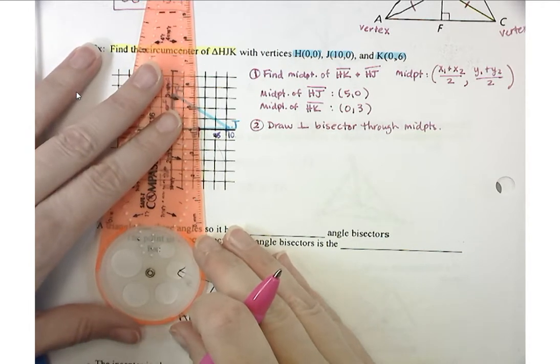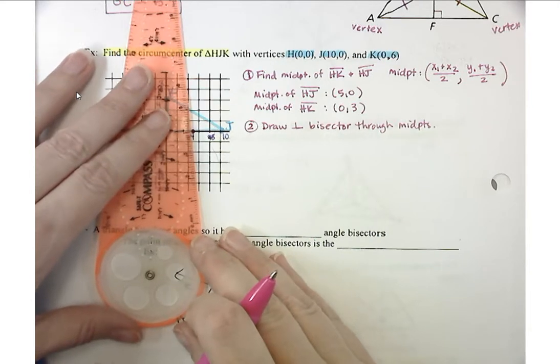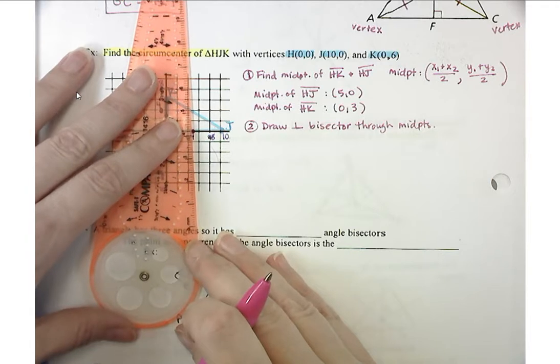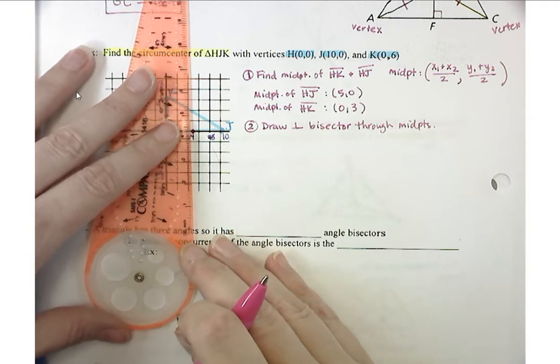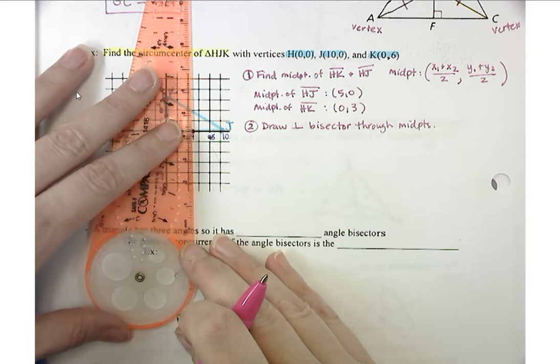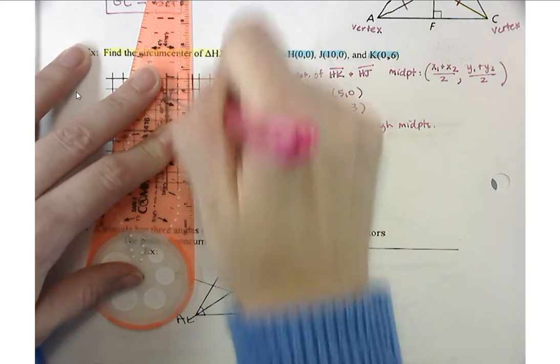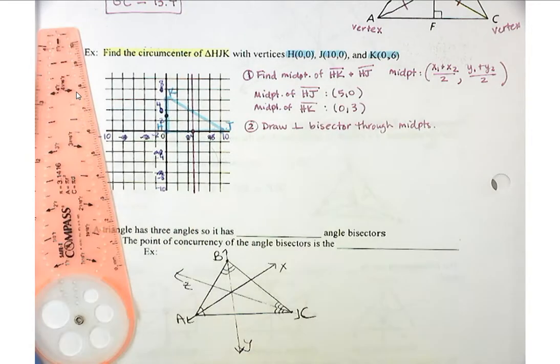Now you could also find the midpoint of KJ. We are going to do that to see how nice our prediction went. That one turned out pretty good.